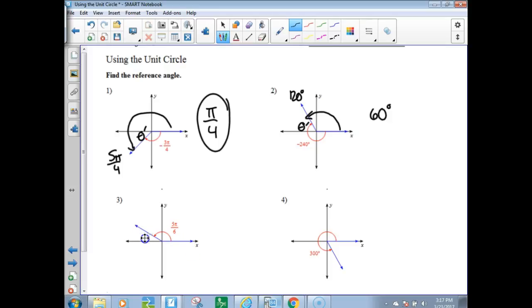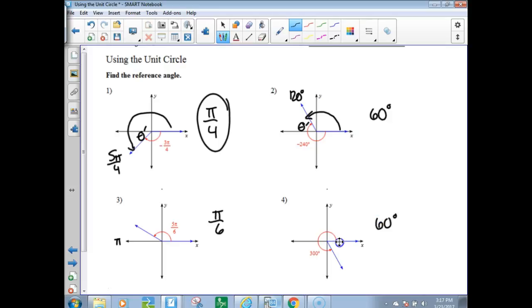Okay. All right, what's this right here? Where are you at 5 pi over 6? How many more degrees to get to here? Actually, think about it this way. If you're at 5 pi over 6, what's it take you to get to pi? That's the reference angle. What's it take you to get back to the x-axis on this one?